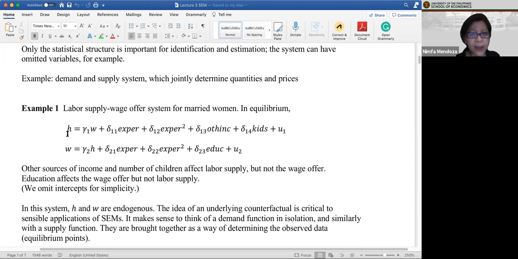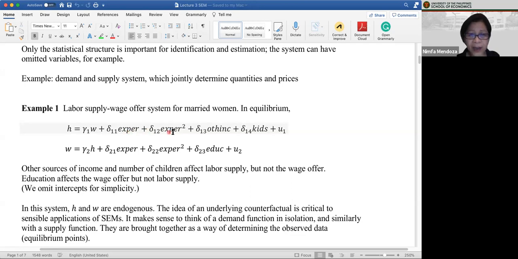Okay, so this first equation is the labor supply equation. Okay, so H is hours worked, W is wage, but note that wage is also a left-hand side variable in the other equation. Okay. So wage is an endogenous variable.